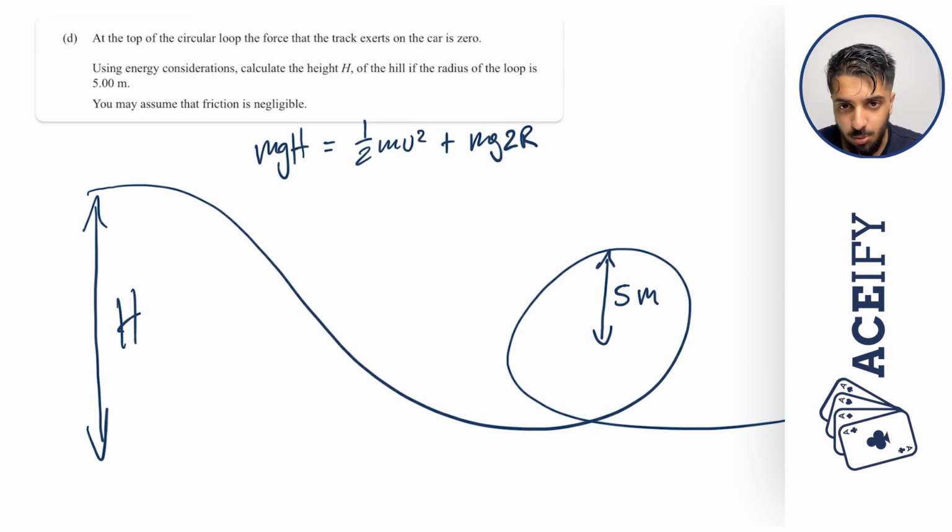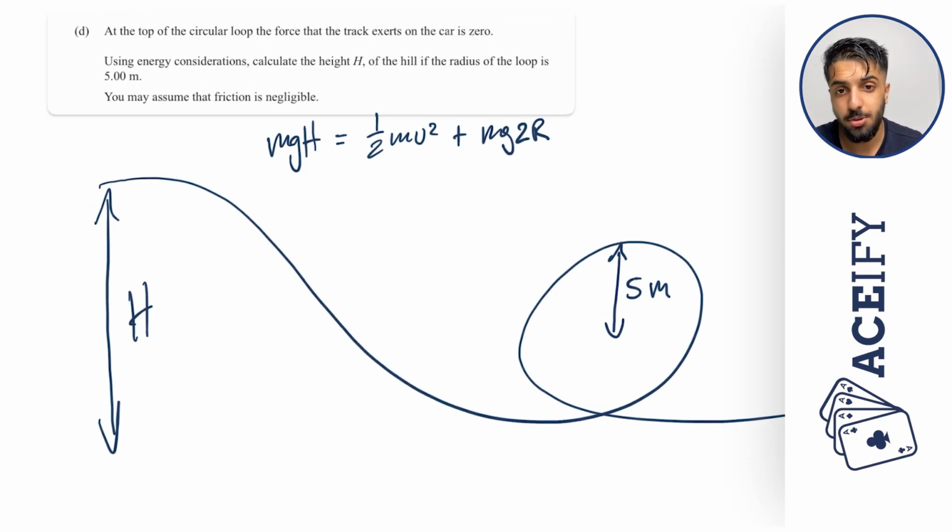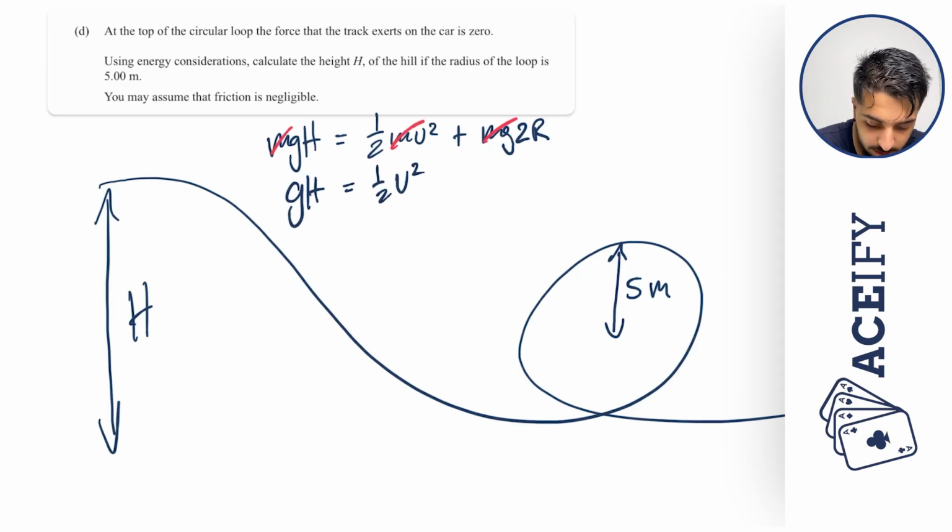The reason why I say 2r is because that is twice the radius, right? This height right here is 5 meters plus 5 meters, so 2 times the radius. Now, because we have masses on both sides, we can divide by the mass on both sides, and those just cancel out. And we're left with gH is equal to half v squared plus g2r.